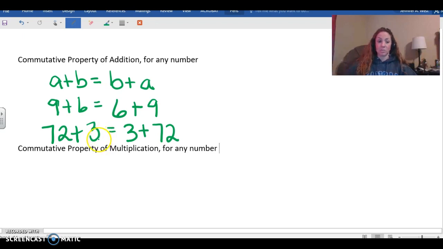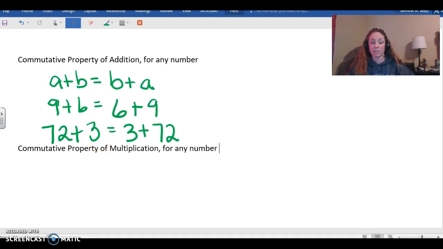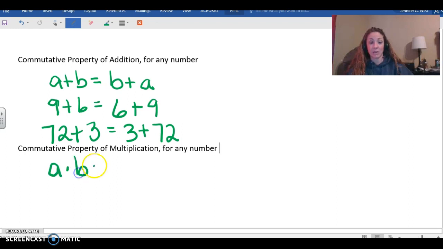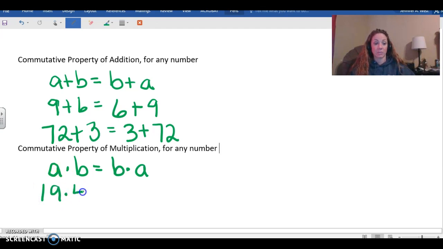And it's very similar to the commutative property of multiplication. It's just that you're obviously going to be multiplying. So we have a times b will equal b times a. And so if you put numbers in for your a's and your b's, 19 times 4 will equal the exact same thing as 4 times 19.